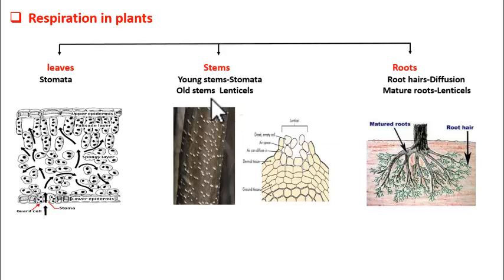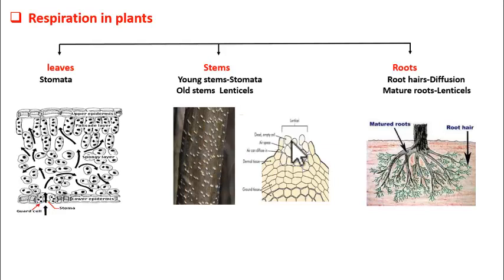Next, old stems. Old stems have specialized structures called lenticels. Students, have you ever observed an old stem containing small bumps, brown or light brown colored bumps, over the stem? I hope you have seen. These bumps are actually lenticels.